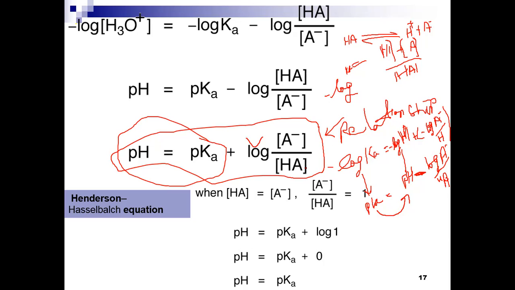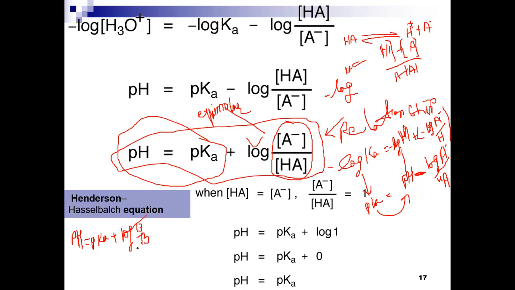Okay, when both of these values are in equimolar concentration, this equation must be, say for example, pH equal to pKa plus log of 13 divided by 13.